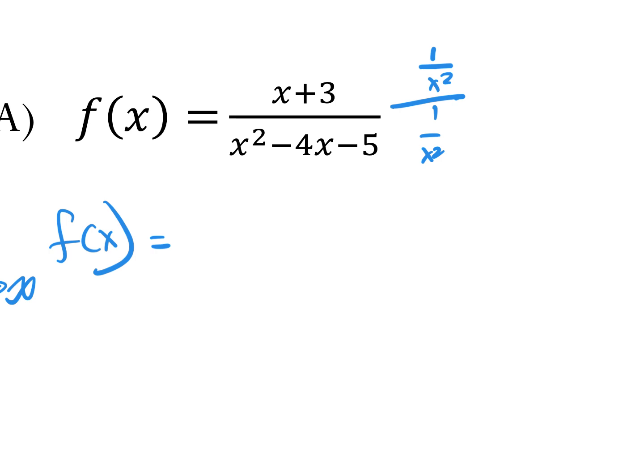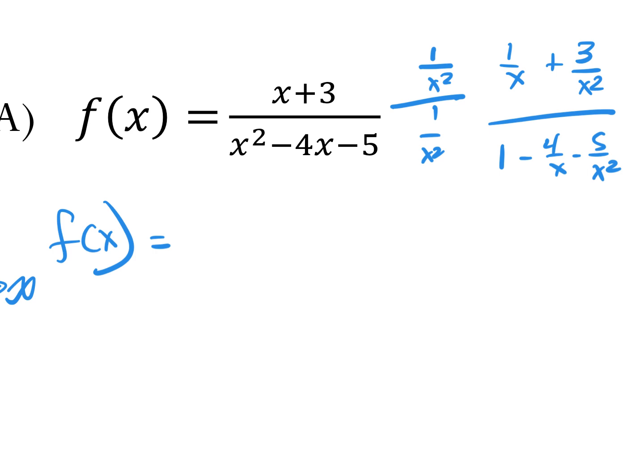So I'm going to rewrite f of x as, well, let's see, x over x squared is 1 over x. 3 over x squared is 3 over x squared. I have 1 minus 4 over x minus 5 over x squared. Again, so essentially what we're doing is turning each term into something over that infinity.